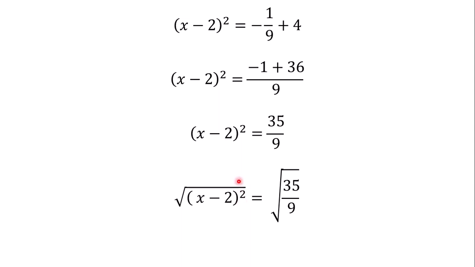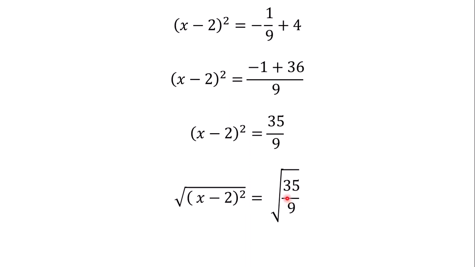Okay, good. So with this one, these two will take away the square root sign to be left with what? X minus 2. But when you come to this side, one of the laws of sets, that is the division law, says square root of a over b can be written as square root of a divided by square root of b. So you're going to apply that here.